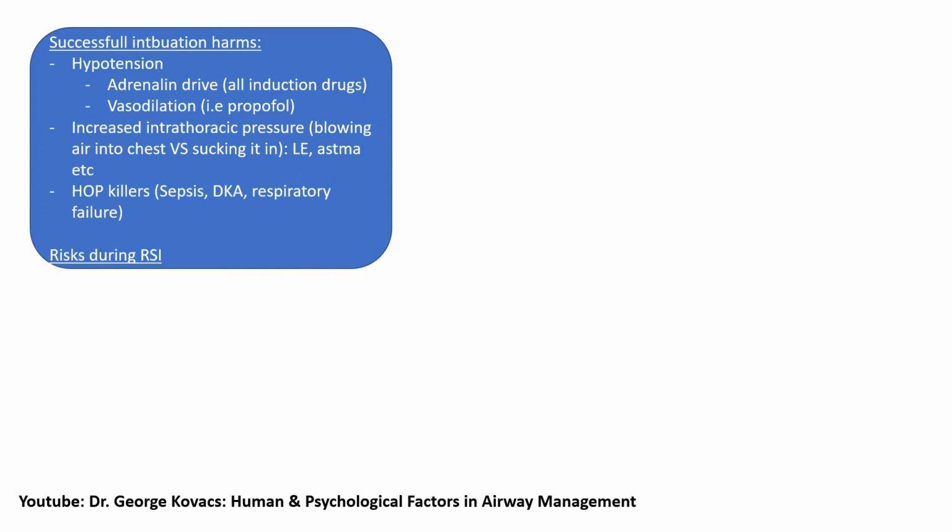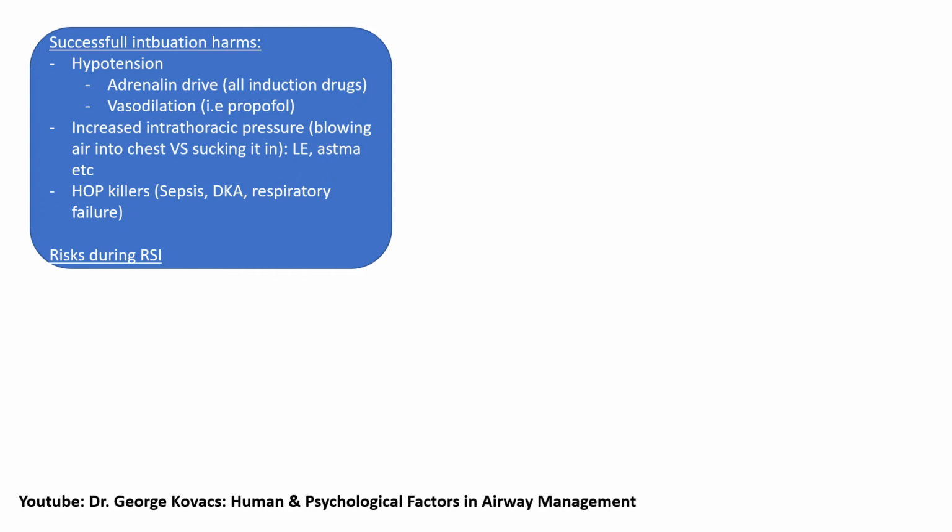But some people in emergency medicine have said earlier that ketamine will not do this. In general, you should always think about the adrenaline drive that exists in a code patient, in a patient that is really in a bad way. They have a high adrenaline level, and what you're doing when you give them an induction agent is that you lower that. You don't eliminate it, but you lower it significantly.